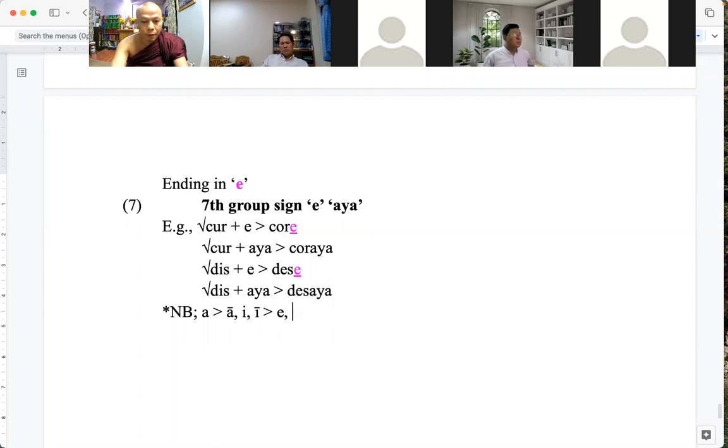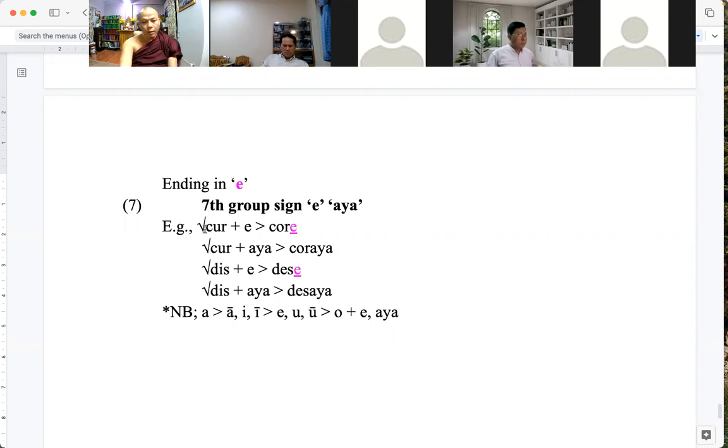And if we see root vowel u or ū, they will be changed to o. So when we apply a sign or a ya sign, this note, please remember.